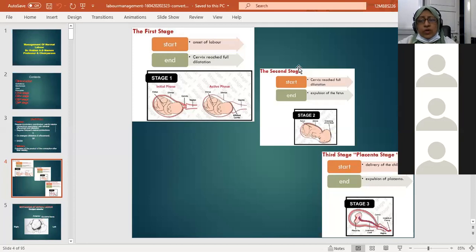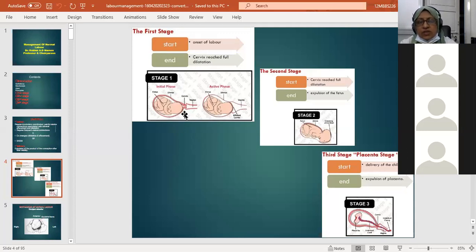Now going again to the presentation. The first stage of labor starts from the onset of labor and ends with full dilatation of the cervix.